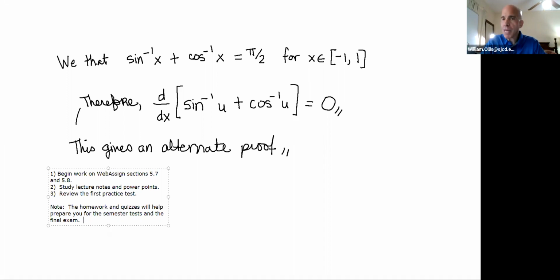Mainly what I want you to be able to do is that I'll give you a window of a day to complete the test. You won't necessarily have to take it during the class time. But as far as the homework goes for each week, you will complete homework sections each week, and they will be due at the end of that week or the beginning of the next week. And you will also have a quiz when we don't have a semester test that must be completed also.